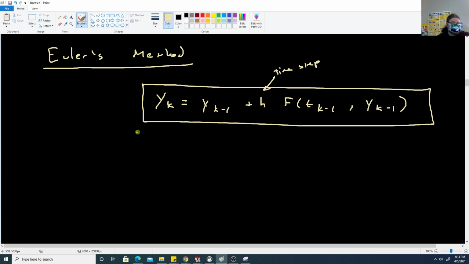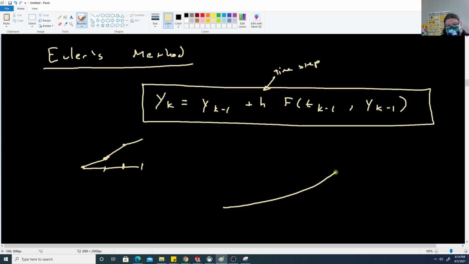And what we're going to do is we're going to have a starting point, and we're going to use this formula to say when time increases this much, we're going to extend out a certain direction given by this formula. And then the next time step, we'll look at the formula that'll have us extend another bit, and the next time step will extend again further.